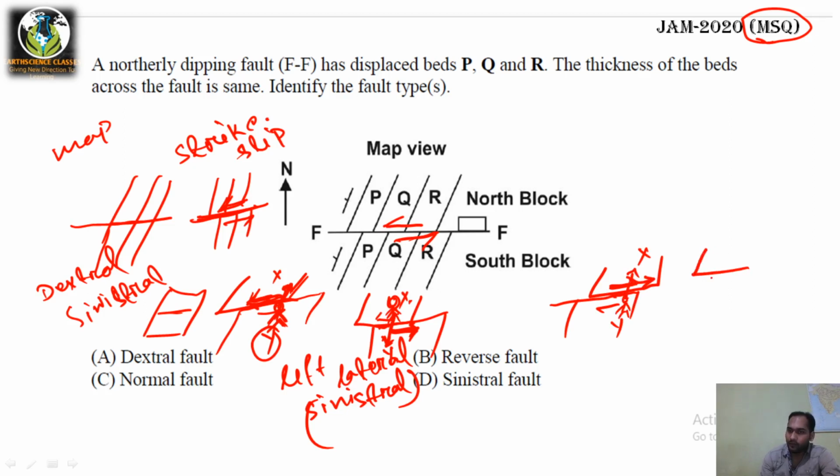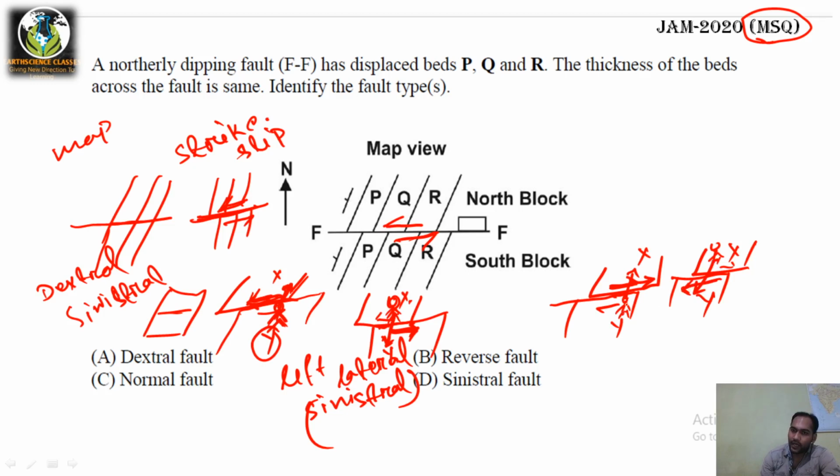Or I will stand at X, look at Y, and I will see that Y is moving to the right of me.